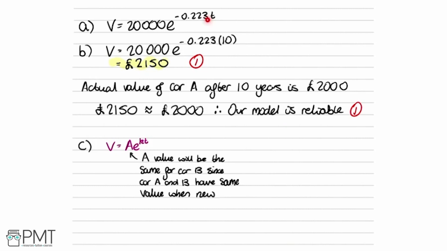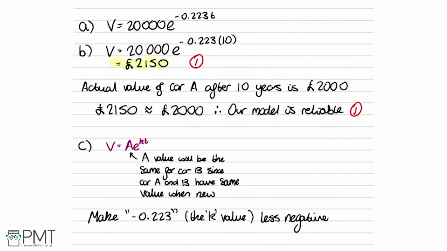The more negative the k value is, the quicker the value would depreciate. So we want to reduce the k value to be closer to 0 than for car A, which is minus 0.223. So we want to make minus 0.223, the k value, less negative. That's all we've got to say to get the 1 mark for part C.